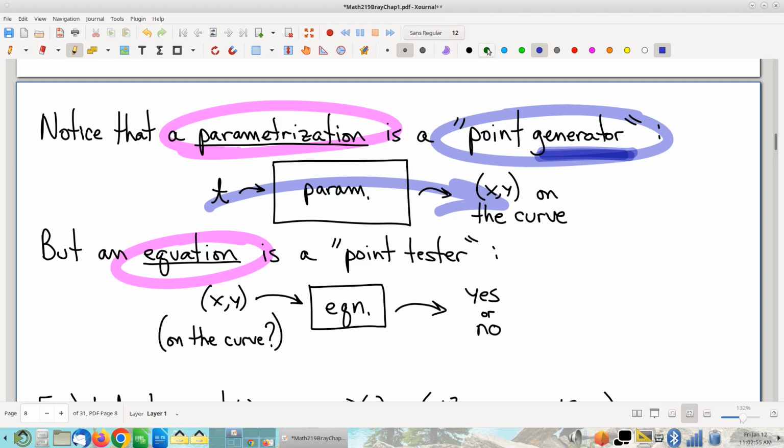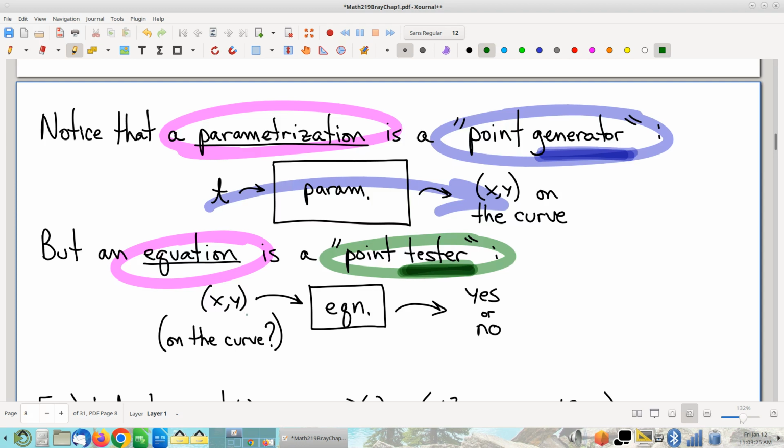Gotta love it. Very importantly, that is not what equations do. You don't plug an arbitrary value of t into your equation for a curve. You just don't. That's just not what it is. It's a fundamentally different way of relating algebra to geometry. An equation tests points. If you have an equation and somebody says, hey, I got this point here, is this point on the curve?